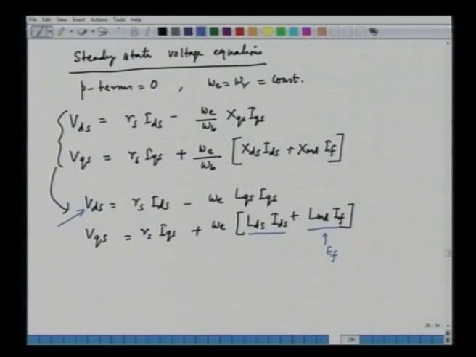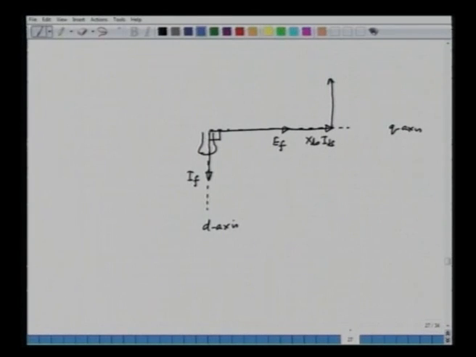We can call this XQS into IQS, or we can write this in terms of the inductances: omega E LQS into IQS. This also we can write in terms of the inductances.